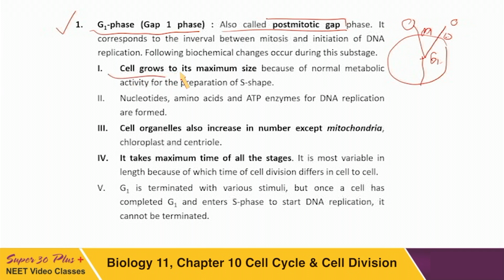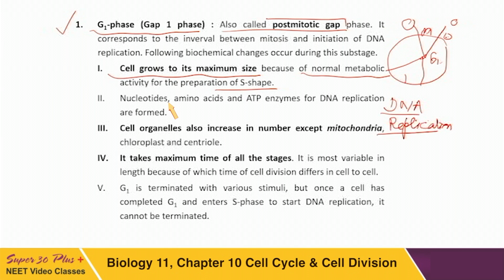What happens here? See some important characteristics. The cell grows to the maximum size because normal metabolic activities will be there. These are very fast because after this they have to enter into S phase, and that's why this is preparation for S phase. You know, children, in S phase the important event will be DNA replication. See, DNA replication will not take place at once.